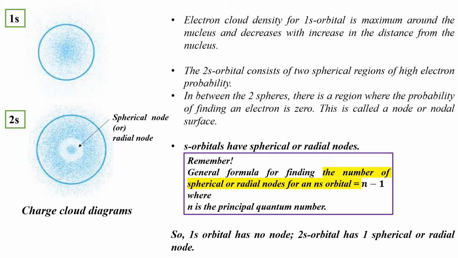So keep this in mind and prepare for your exams. When we take the case of 1s orbital, we find that it has no node, because for 1s orbital the value of n is 1. So if we substitute in this formula n-1, it becomes 0. This means 1s orbital has no node, whereas 2s orbital has one radial node.